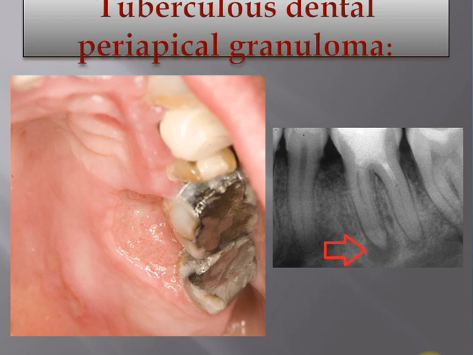The first is the invasion of the dental pulp through a deep carious lesion by the acid-fast bacilli in the saliva. Should the pulp degenerate and break down, a tuberculous periapical infection might result. A second route is hematogenous, and third is a deep periodontal pocket.